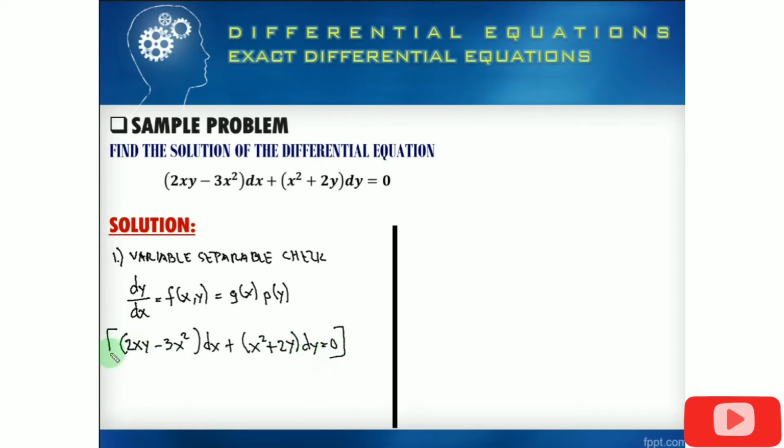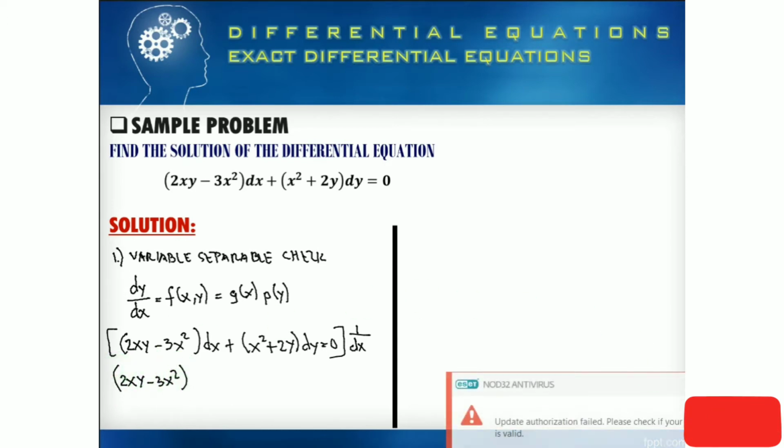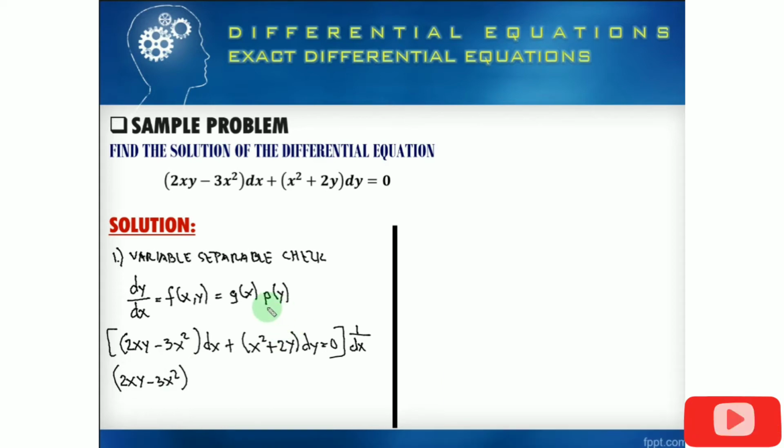We need to multiply with 1 over dx so that we can have this form of dy over dx. So we have 2xy minus 3x squared quantity, plus x squared plus 2y, and this is dy over dx, equal to 0.